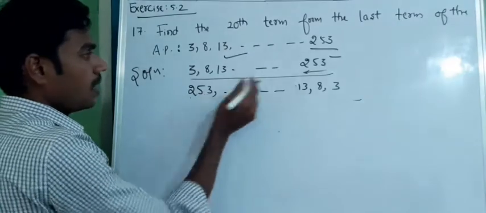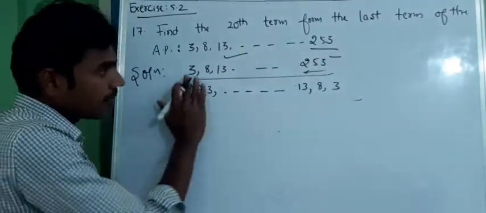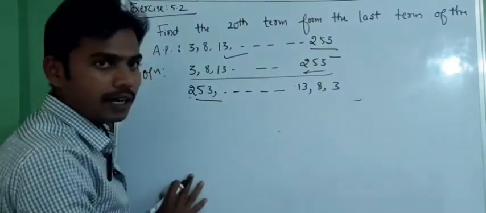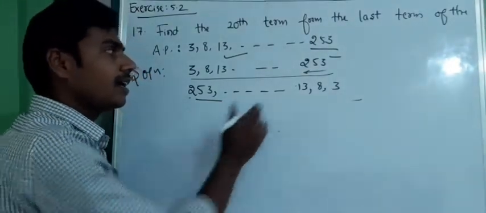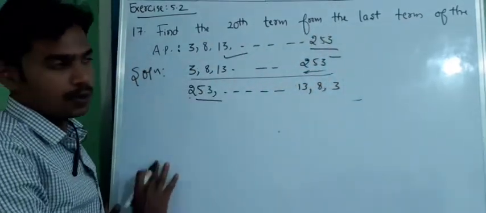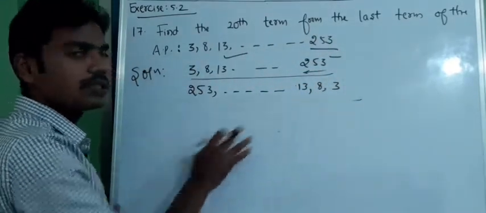That is, the last term will become the first term and the first term will become the last term. If I calculate the 20th term from this end in the reversed series, I will get the 20th term from the last end of the original series. So to simplify our calculation, I use this trick.